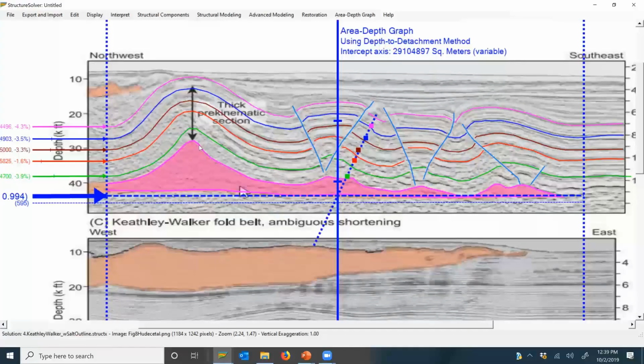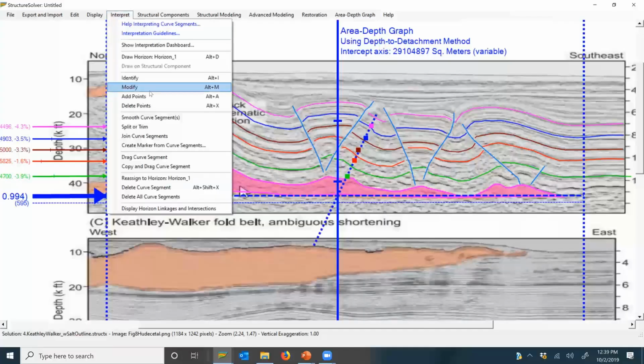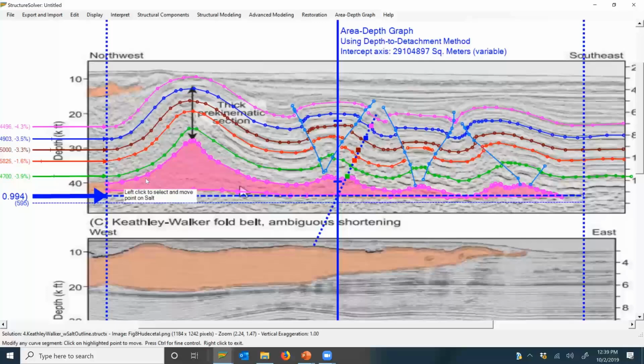That might indicate that they've over-interpreted the total amount of salt down there, and that allows you to go in and play around. One thing that stands out to me is that they have a very thick limb right here between the top of the salt and the green that then gets thinned out quite substantially.